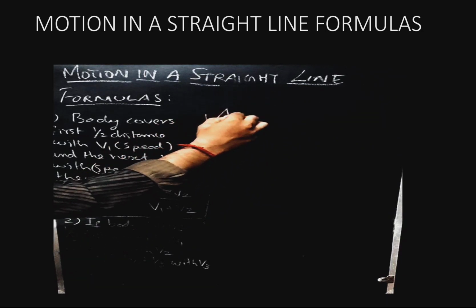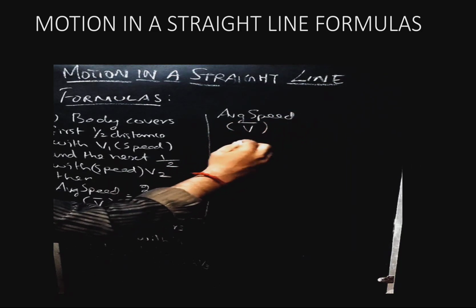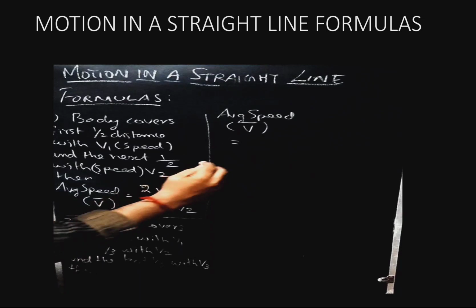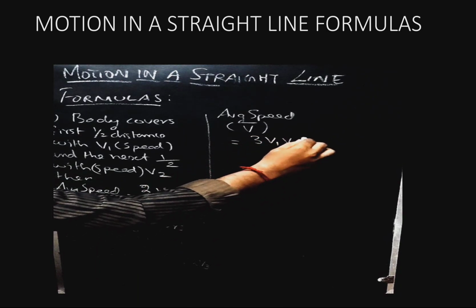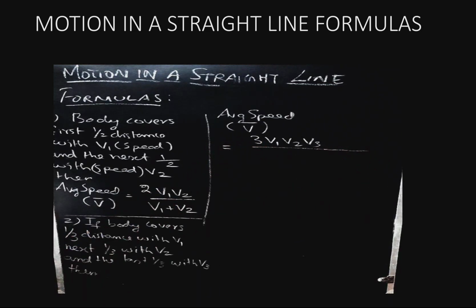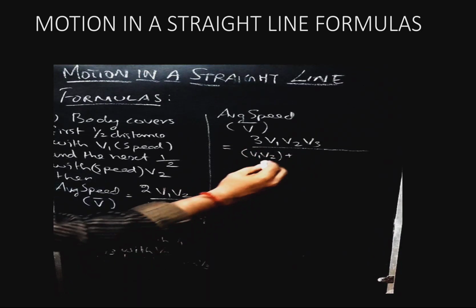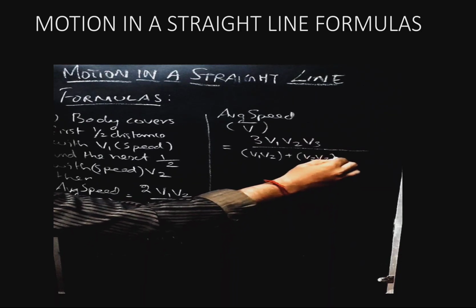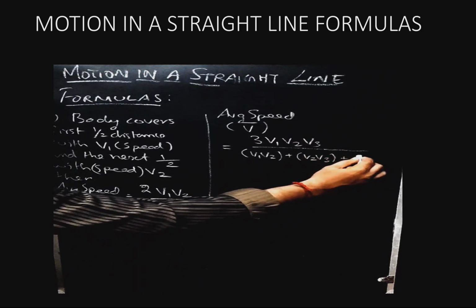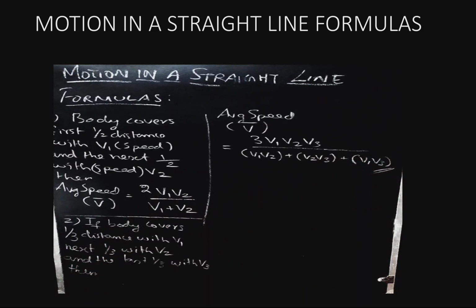So the average speed v bar is equal to, here three terms are given, so it is 3 v1 v2 v3 divided by v1 v2 plus v2 v3 plus v1 v3.